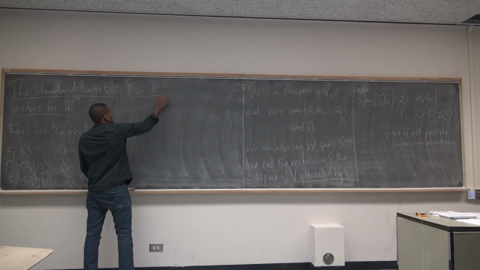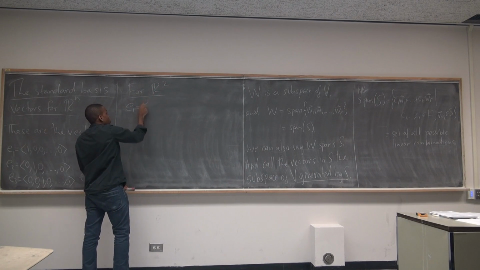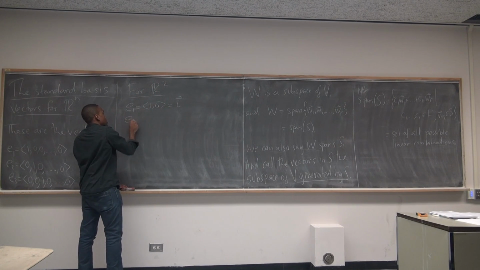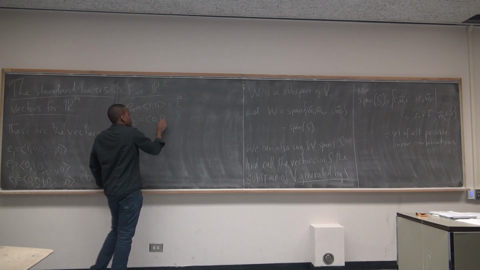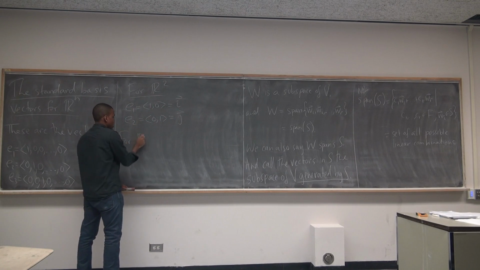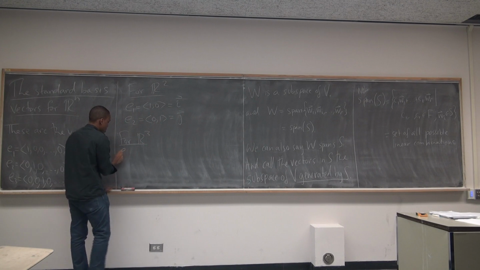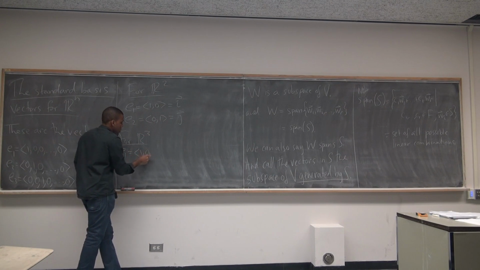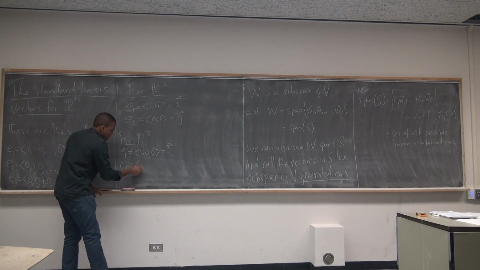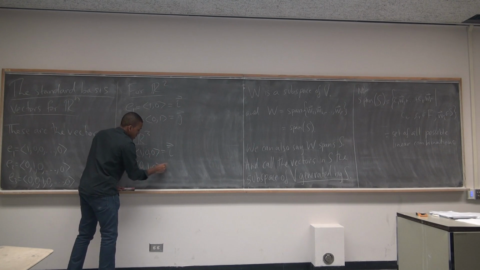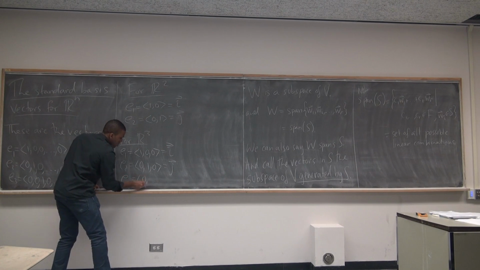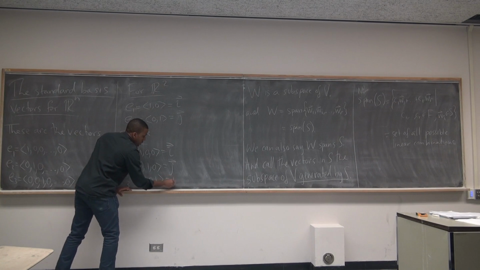So for R2, you're kind of used to these guys right now. e1 is equal to (1, 0), which we call the vector i. e2 is equal to (0, 1), which we call the vector j. For R3, e1 would be (1, 0, 0), which again we call the vector i. e2 would be (0, 1, 0), which we call the vector j. e3 would be (0, 0, 1), which we call the vector k.